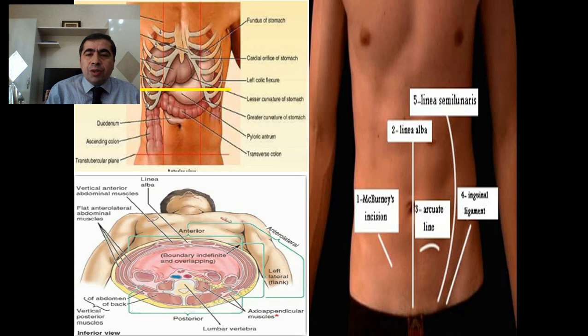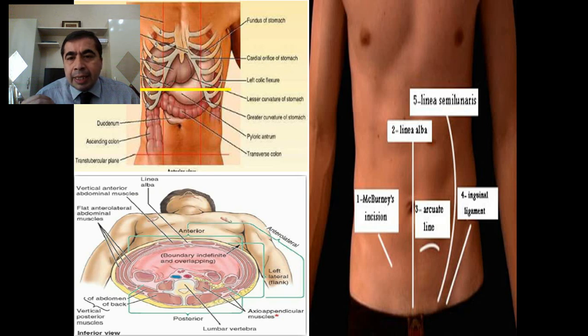And incision lines, of course; not only incision lines are explained, here we will explain only the very important landmarks. We are interested in the linea alba, the arcuate line, which separates the upper two-thirds of the posterior wall of the rectus sheath and the lower one-third, the inguinal ligament, and the McBurney point, which I will explain later.